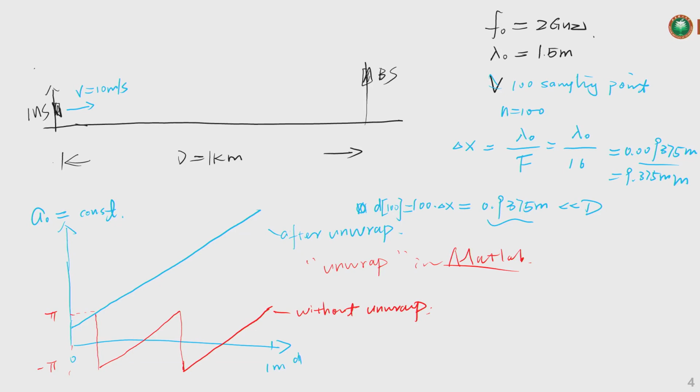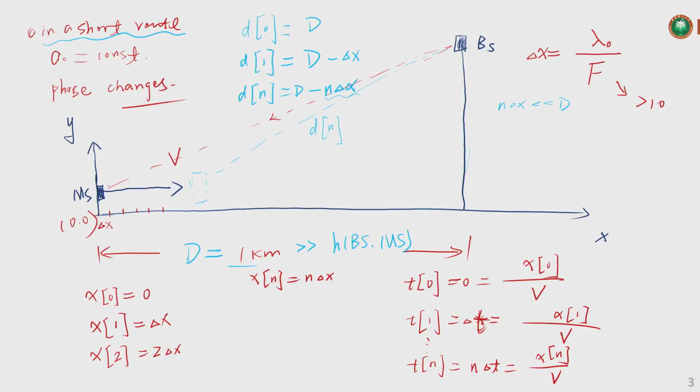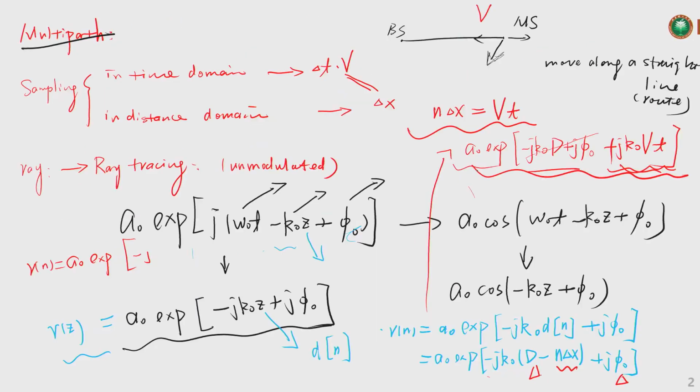So if we see the phase part, we come back to the phase equation. Okay, so when we wanted to see the phase part, we can see that this distance n delta x is closer to the base station.